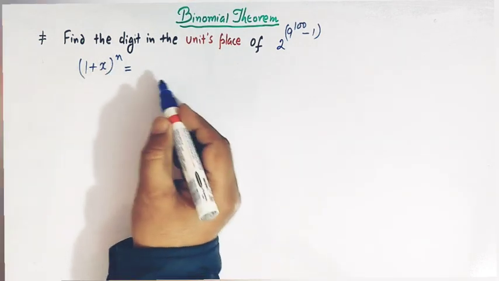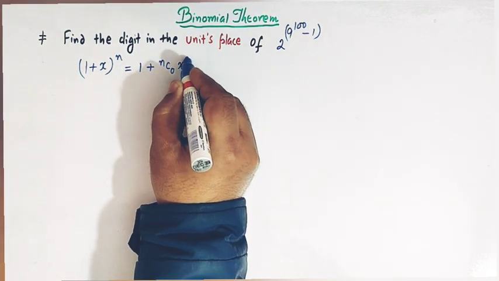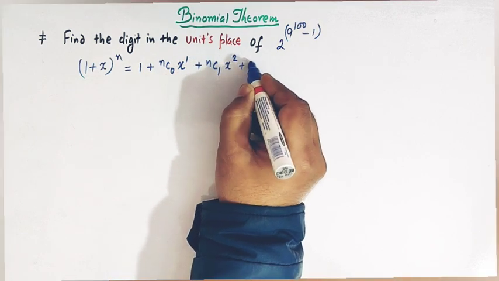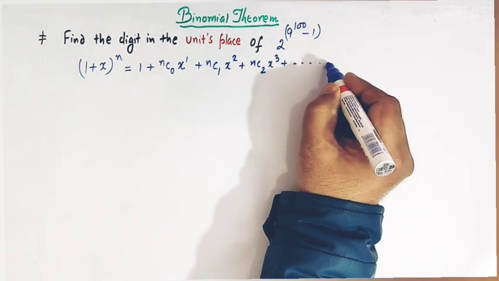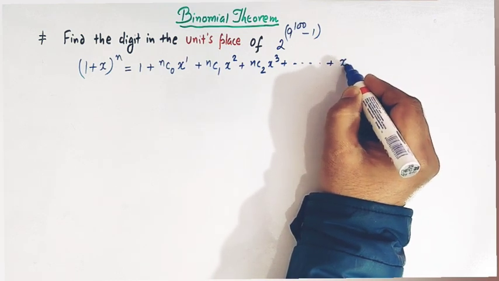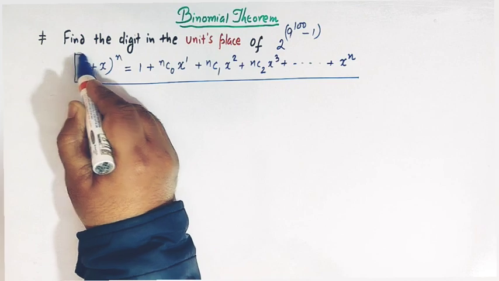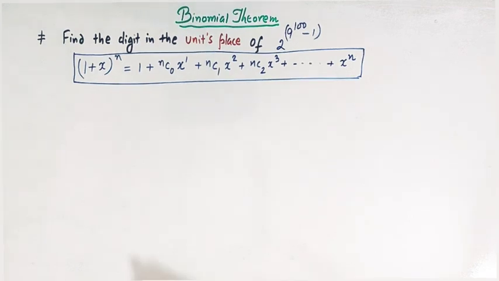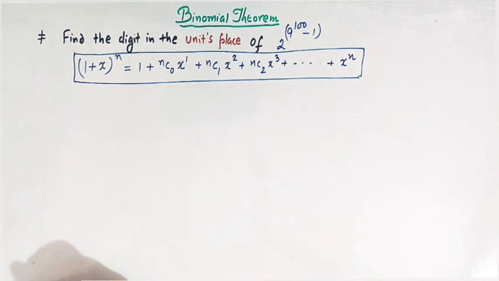So (1 + x)^n can be written as 1 + nC0 x^1, then we have nC1 x^2, and then nC2 x^3, and so on up to the nth term, that is the (n+1)th term, x^n. Here nC0, nC1, nC2 are all binomial coefficients.